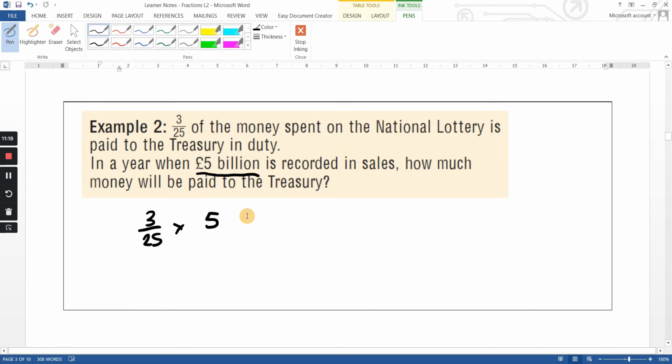How many zeros? A million is 6 zeros. A billion has 9. So it's going to look like that. Let's divide by 25, multiply by 3. Let's do it on the side here.